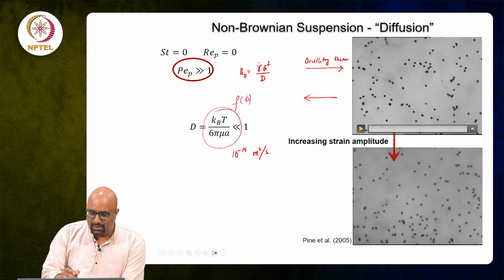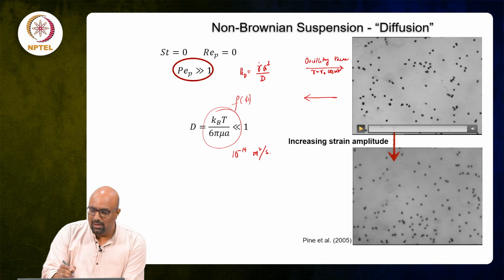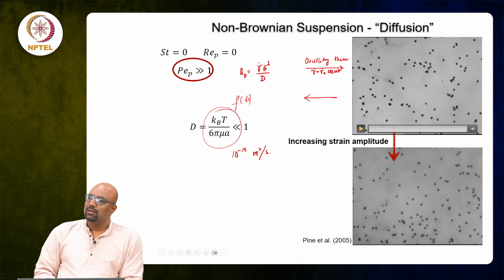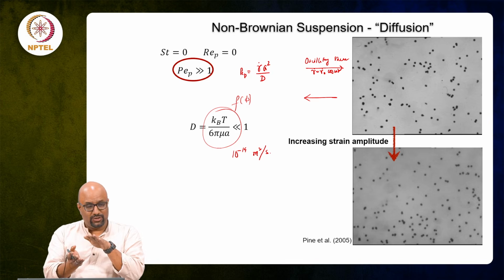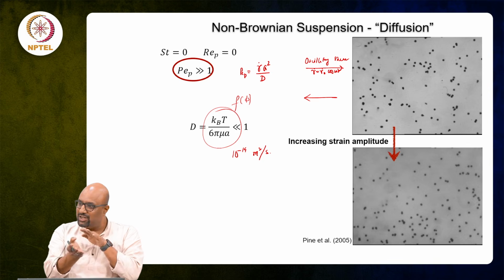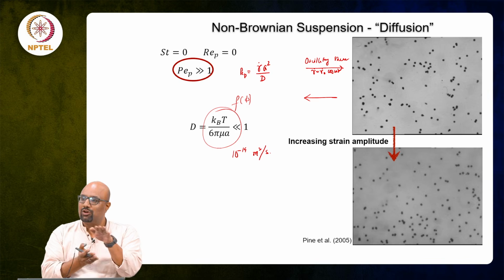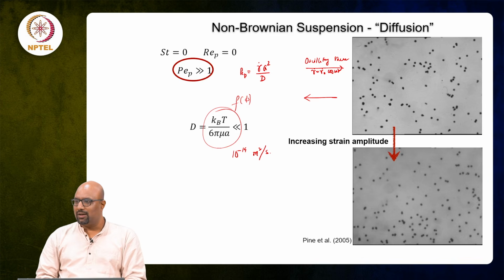So, imagine you have the top plate moving with a prescribed shear rate, that is gamma naught cos omega t. So, you have fixed a shear rate. Instead of doing a steady shear experiment, you are doing an oscillatory shear experiment. So, there is a back and forth motion of the plate, a very standard protocol usually used in viscometric measurements.